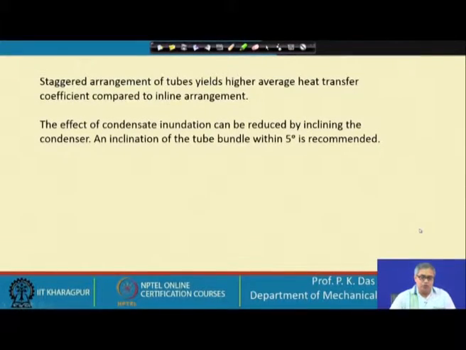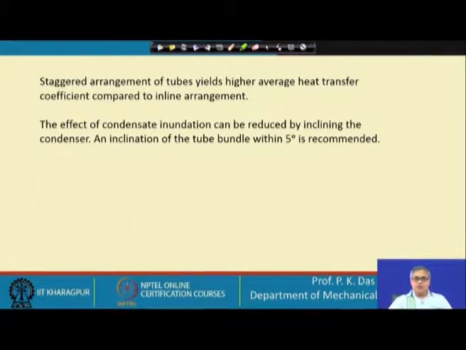Staggered arrangement of tubes yields a higher average heat transfer coefficient compared to inline arrangement. This is the first thing. The effect of condensate inundation can be reduced. This is another way. The average heat transfer coefficient on surface condensation is reduced because of inundation of the condensate film.